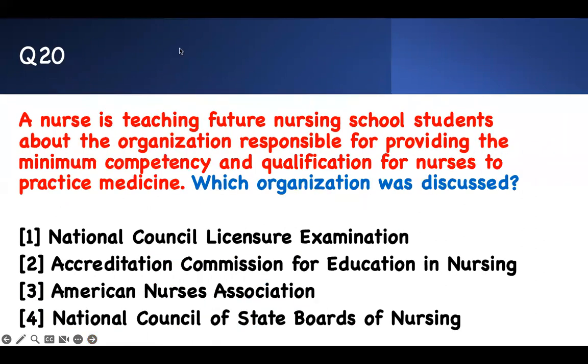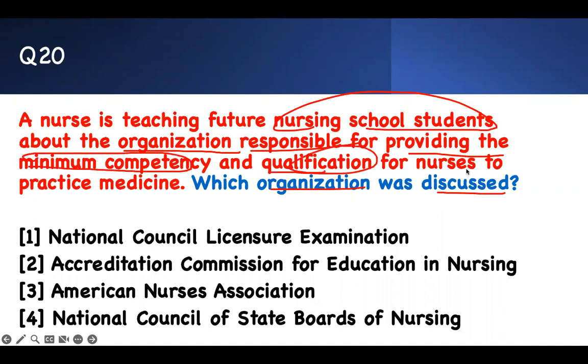Number 20. Which organization was discussed? Which one? A nurse is teaching future nursing school students, future, right? About the organization, pay attention, responsible for providing the minimum competency and qualification for nurses to practice medicine.